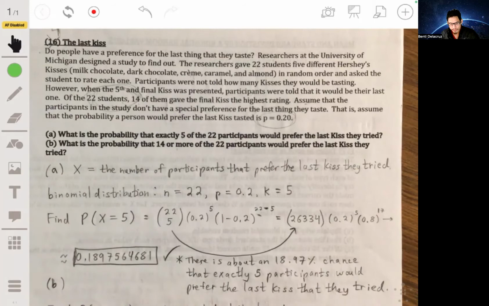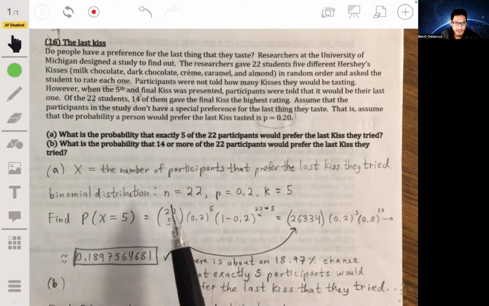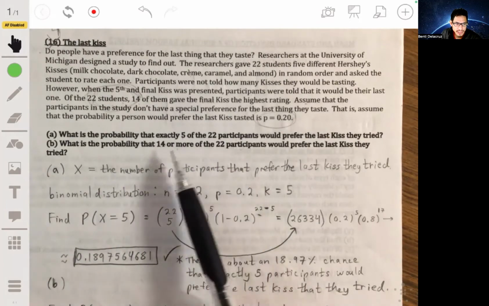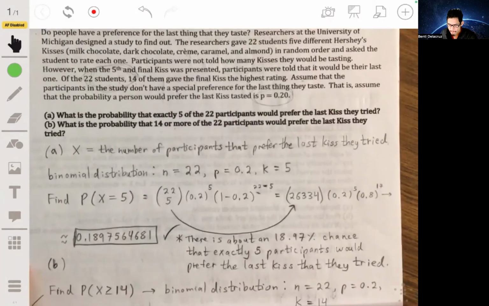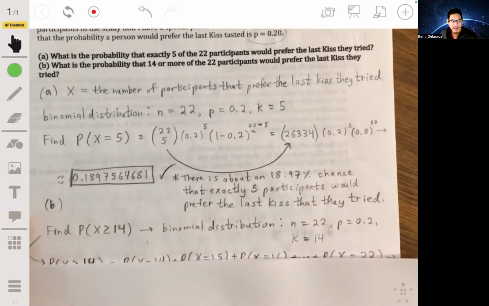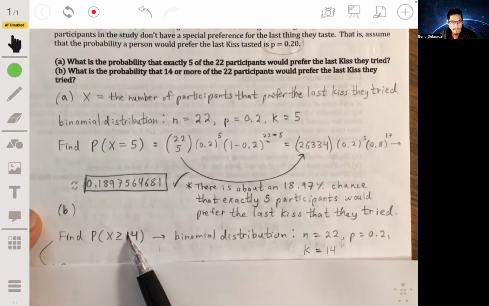Mathematically, we have a binomial distribution where n is 22, but k is 14. P will still be 0.2. So we're trying to find the probability that x is greater than or equal to 14.